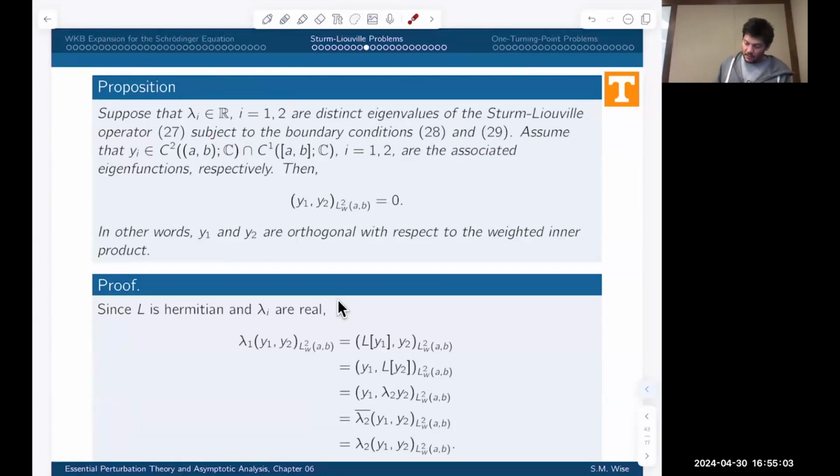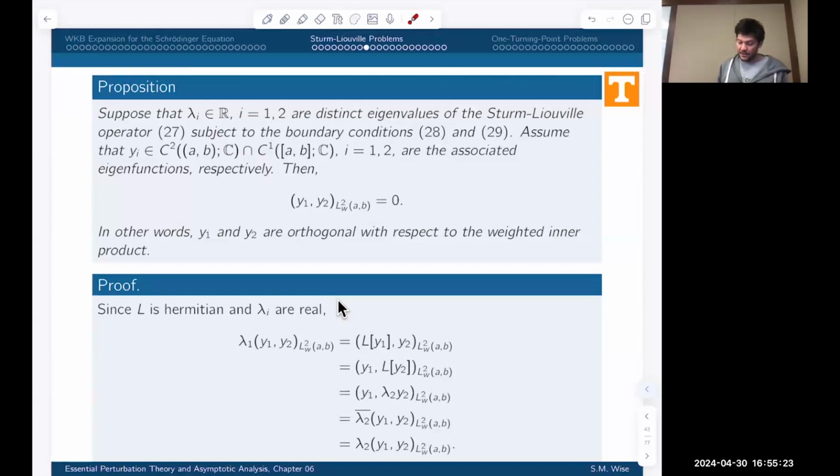Suppose that lambda 1 and lambda 2 are distinct eigenvalues of the Sturm-Liouville operator subject to the homogeneous Robin boundary conditions. Let's assume that y1 and y2 are associated eigenfunctions.